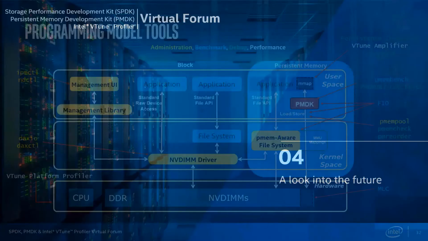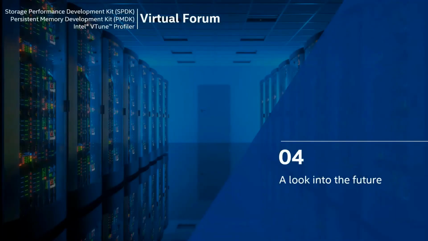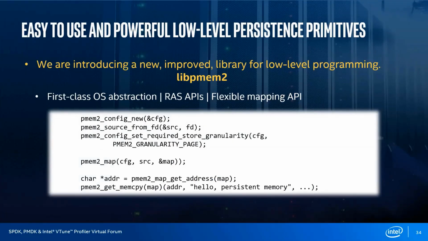Okay, with that, let's take a look at what we are going to do next. Remember when I introduced libpmem? Well, we decided that it's time for a new version of libpmem, and we call that libpmem2. libpmem was the very first library that we created, and it had a lot of crust.